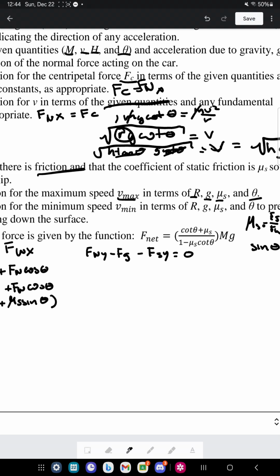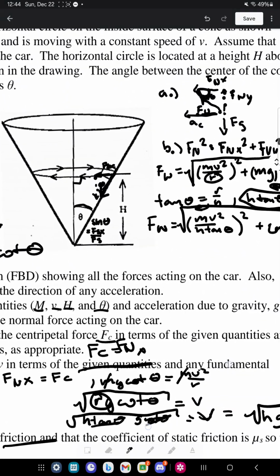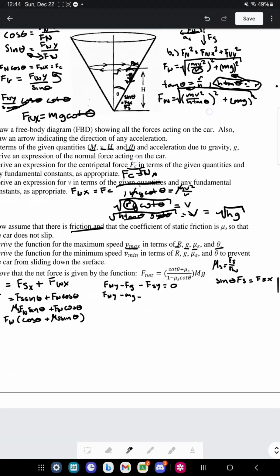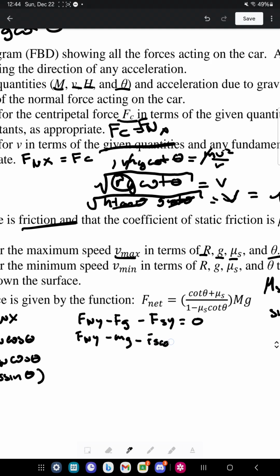And let's see, I know that F of g is mg, and F of s y equals F of s, and that is adjacent, so that's F of s cosine of theta equals 0.